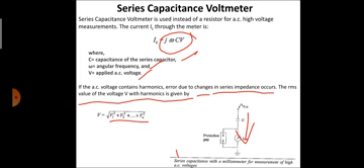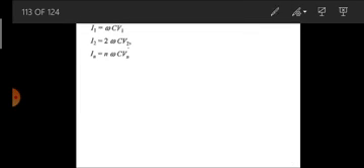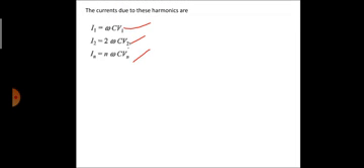Now similar to voltage, the currents due to these harmonics can be given as follows. Because of V1, I1 flows, which is omega C into V1. Due to V2, I2 flows, which is 2 omega C V2. Due to Vn, In flows, n omega C Vn. With this we have to calculate the resultant or total RMS current.